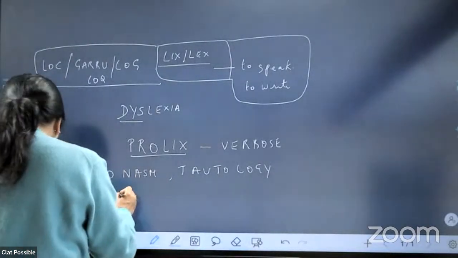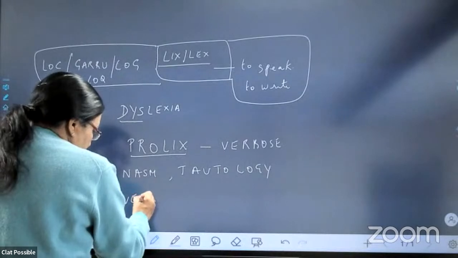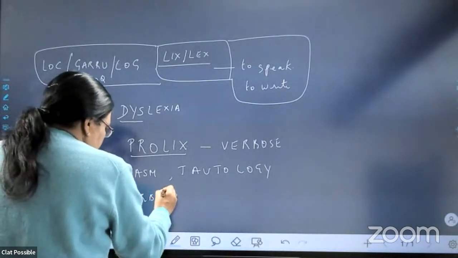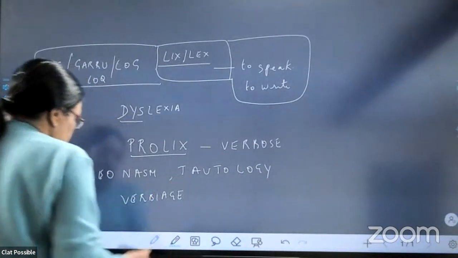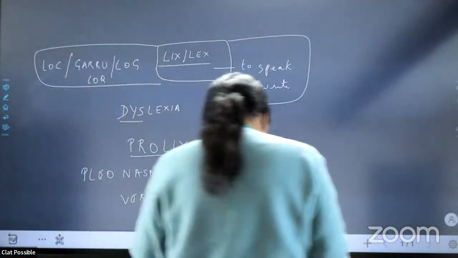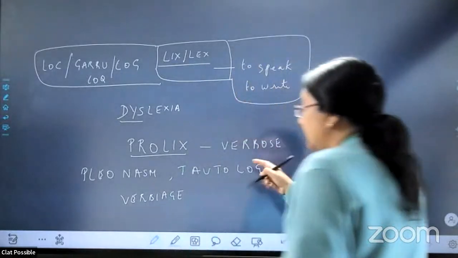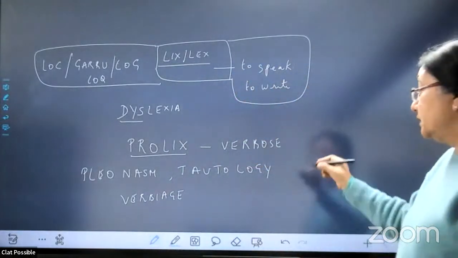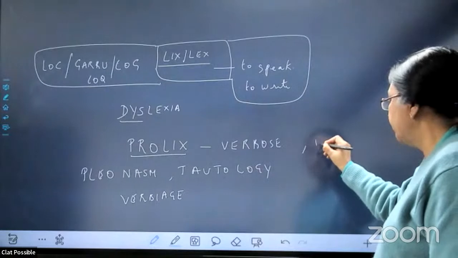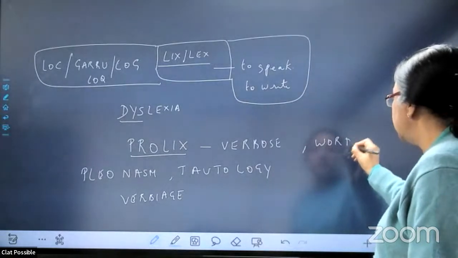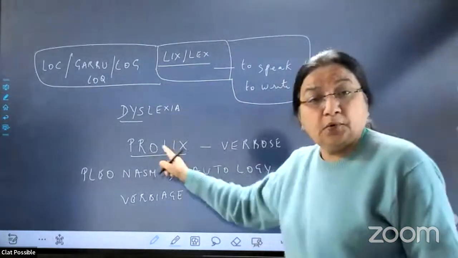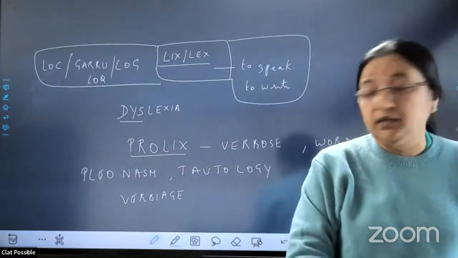Or it can also be verbiage. And also it can be something which is having more words, verbose or wordy. And then we'll do the opposite also. Easy word is wordy. Prolix arguments are usually the wordy ones.